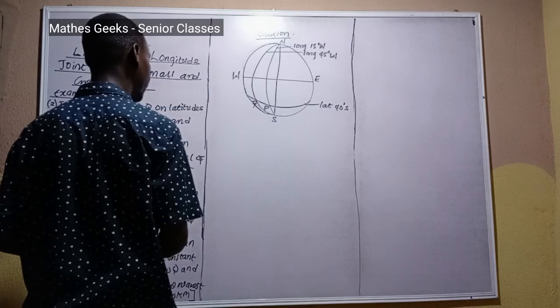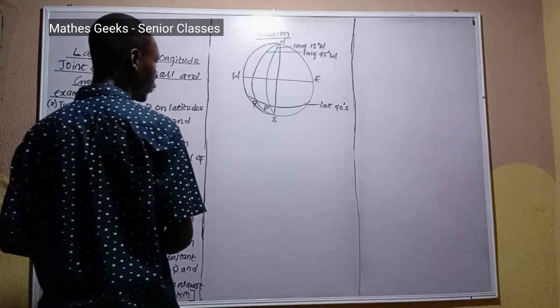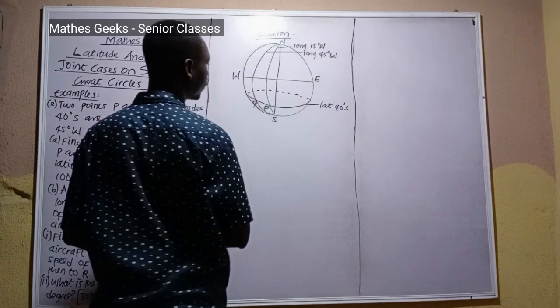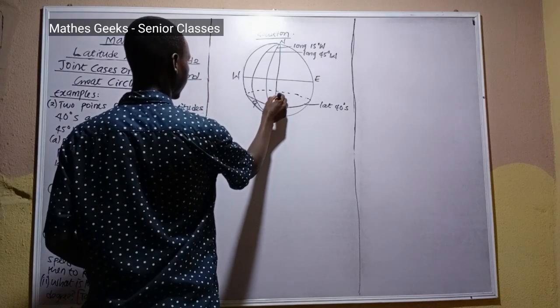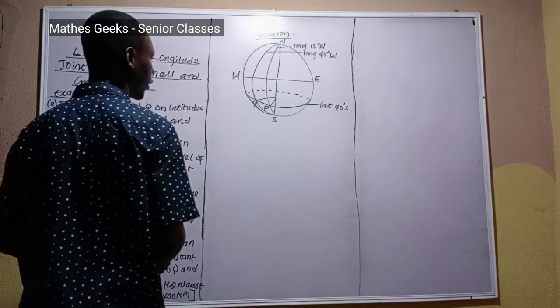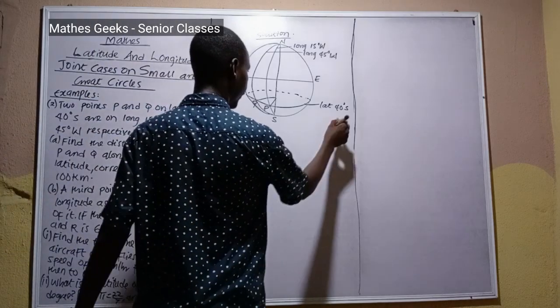Both points are on this latitude, and the center is here. Connect these 2 points. So this is a small circle that we have here.